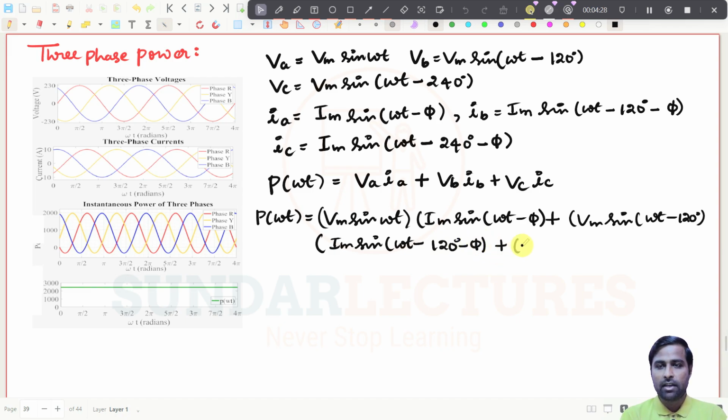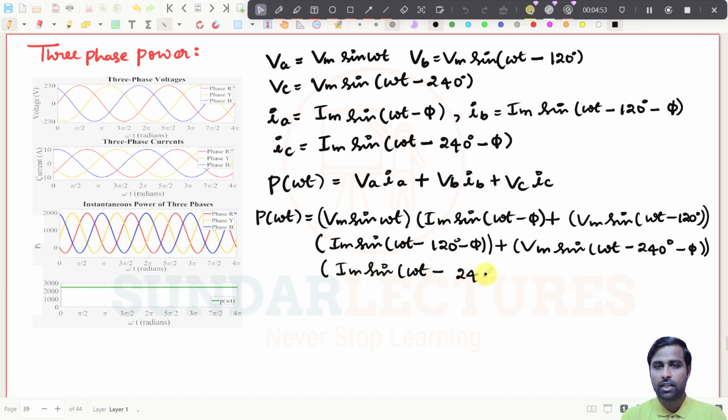Then plus Vm sine of omega t minus 240 degree multiplied by Im sine of omega t minus 240 degree minus phi.